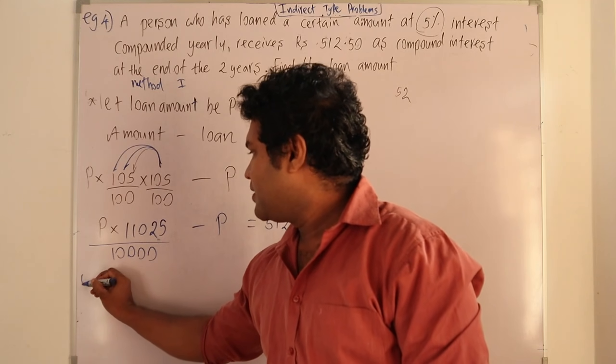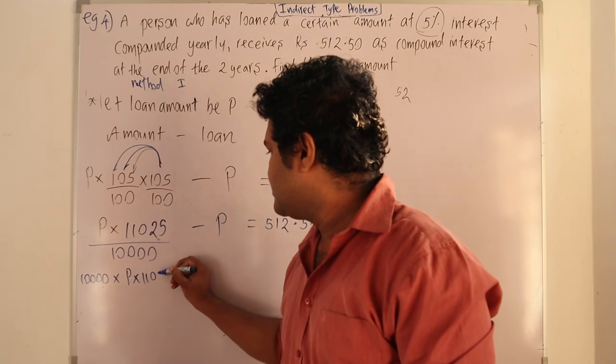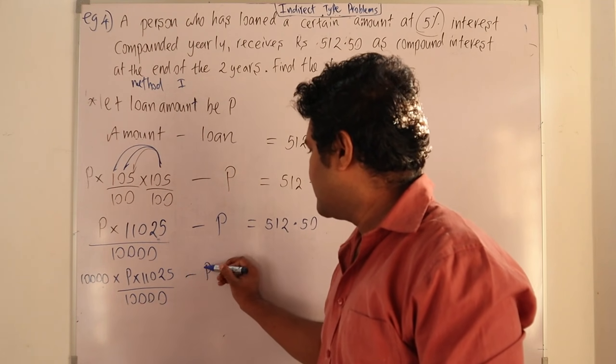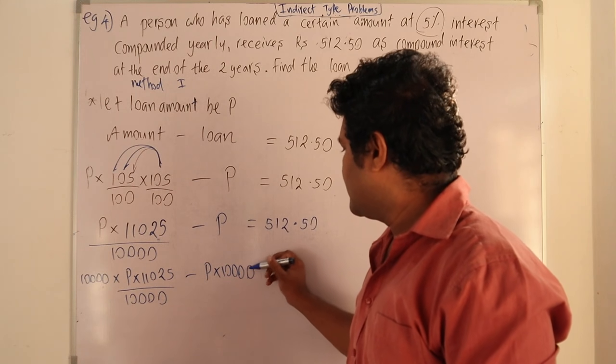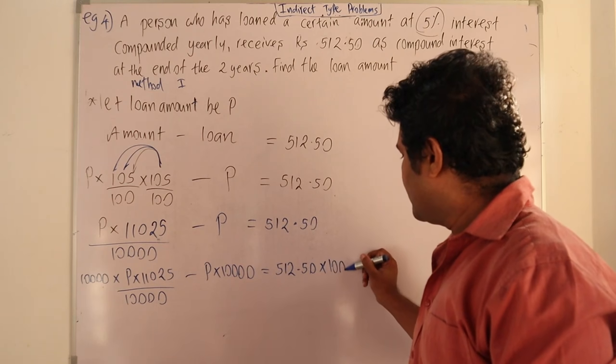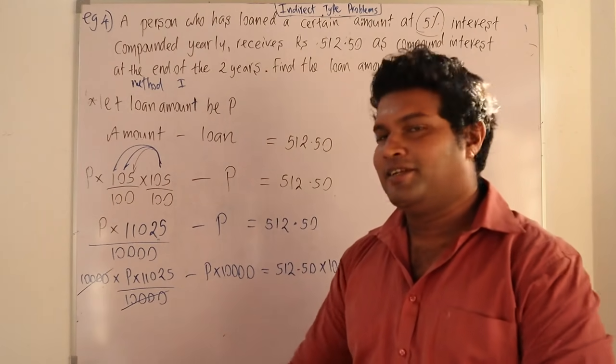Okay, now 10,000 into P. Are you okay? Right. Eliminate.